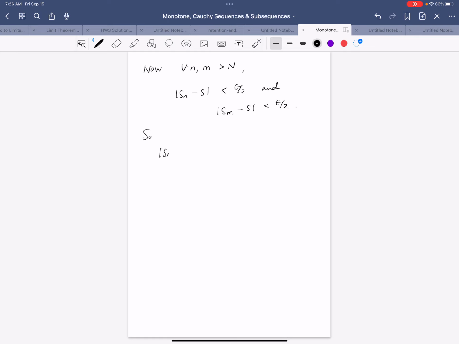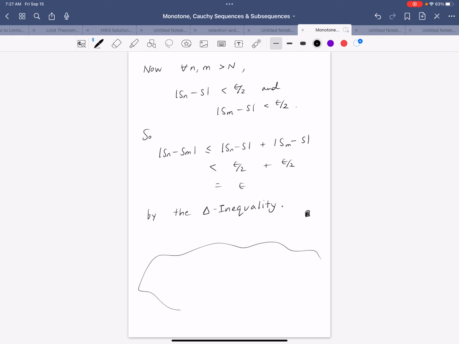So the distance between Sn and Sm will be less than or equal to epsilon by the triangle inequality. Just to recap, the moral of the story is that convergent implies Cauchy.